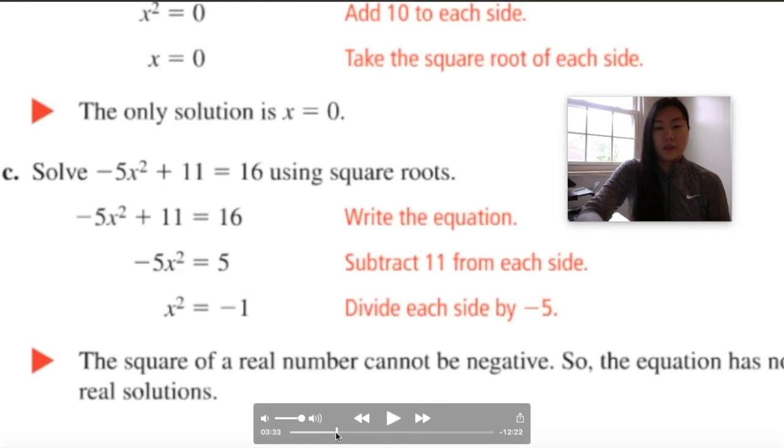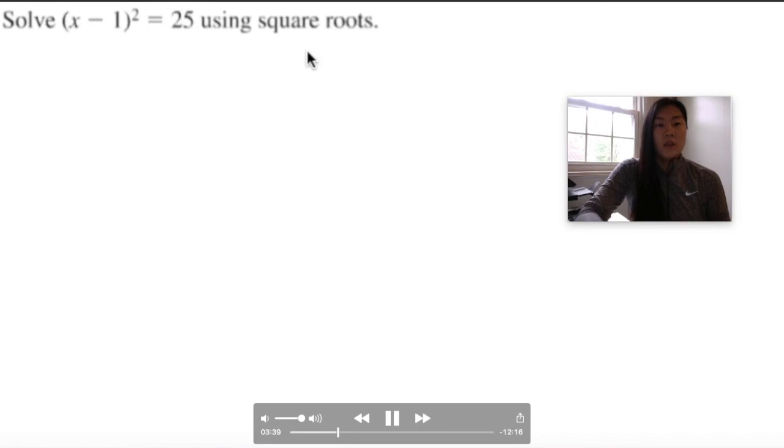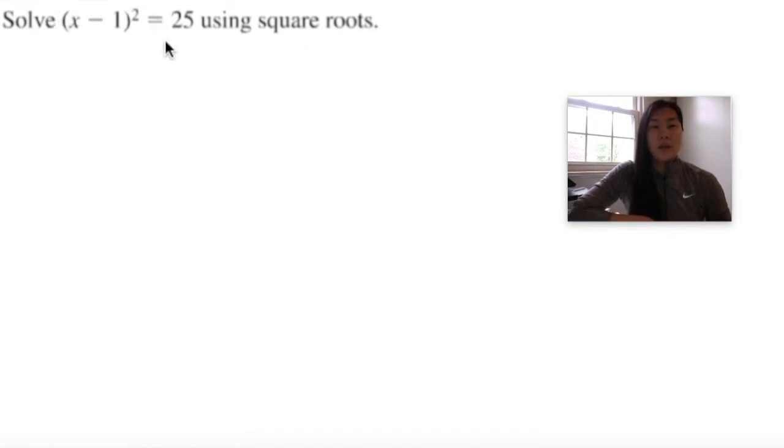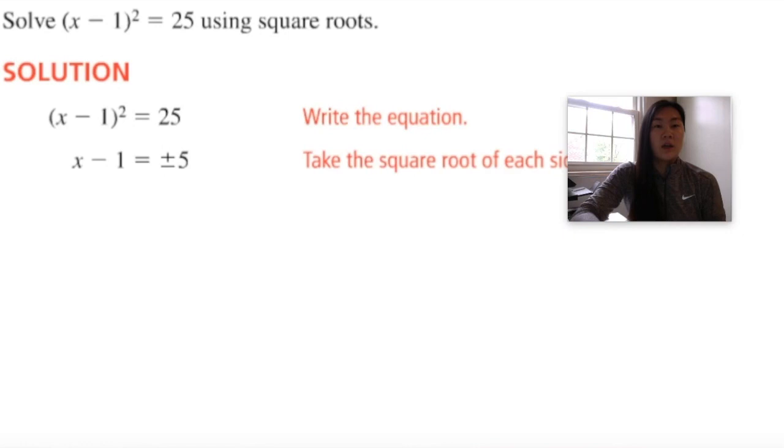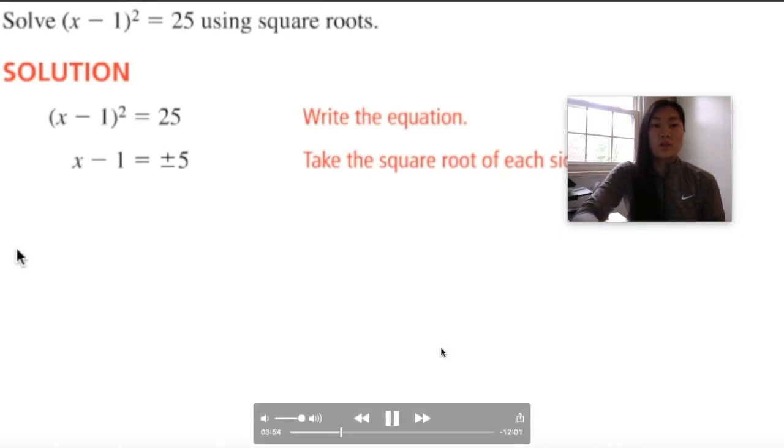All right, let's go to the next example. Solve (x minus 1) squared equals 25. What we're going to do is take the square root on both sides. That's the easiest way to get rid of the exponent. We have x minus 1 is equal to plus or minus 5. And how did I get that? When I take a square root over here, the square root of 25 has two solutions, plus and minus 5.